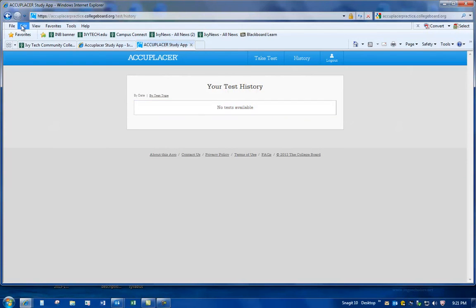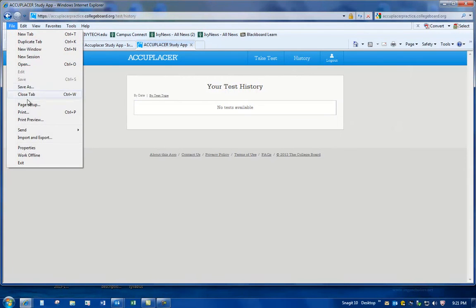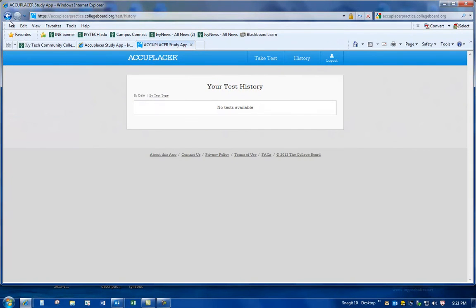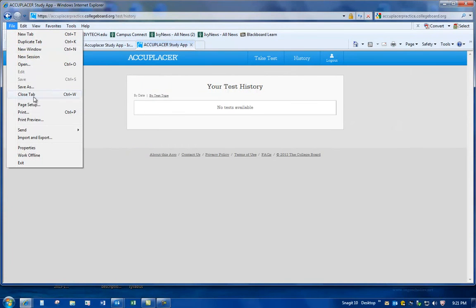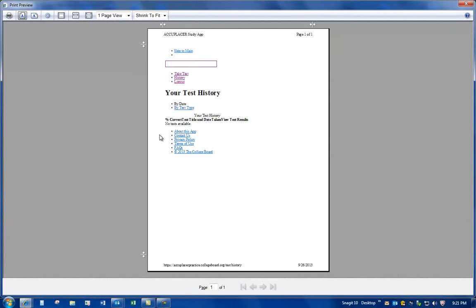And you can just go up to File and Print. I'm going to do Print Preview so you can see it. Okay, one page view.